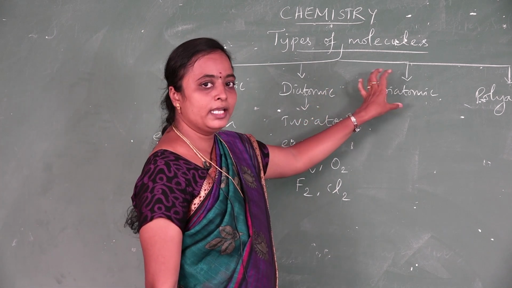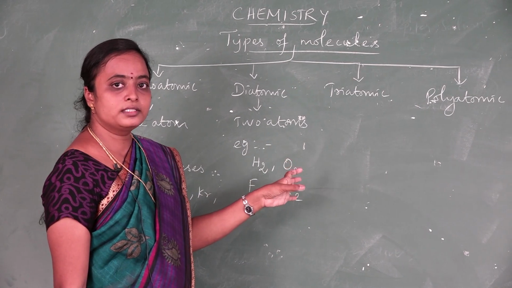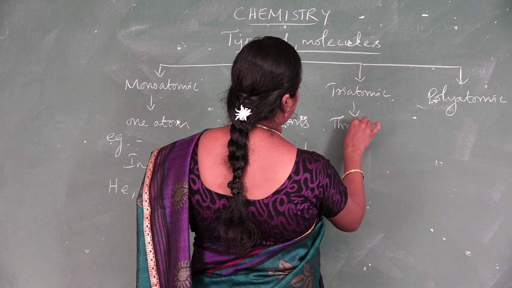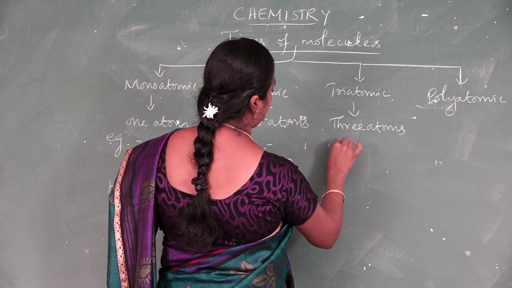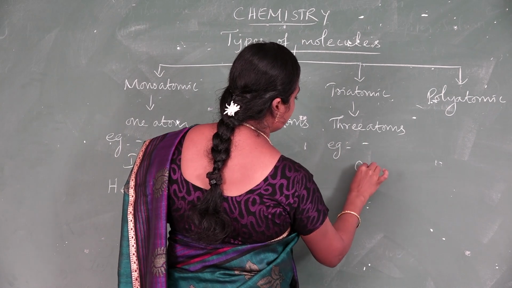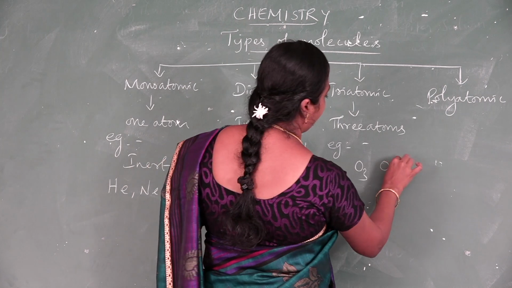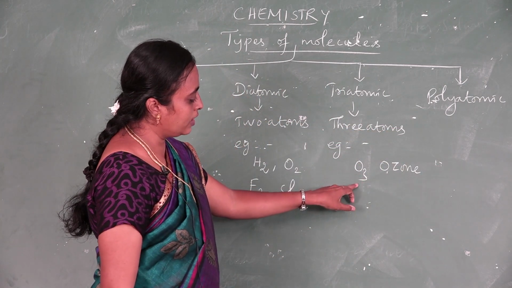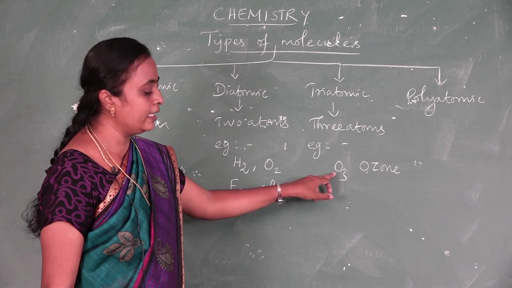So what is a triatomic molecule? If a molecule contains three atoms. If I am taking the example O3, you know O3 is ozone. If you take O3, similar atom oxygen, how many times present? Three times.